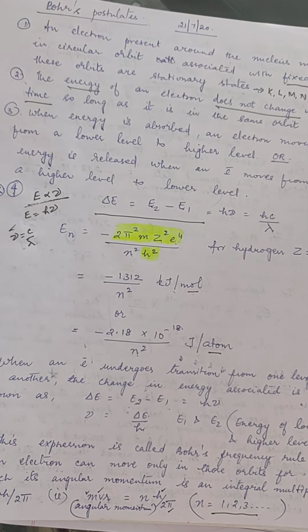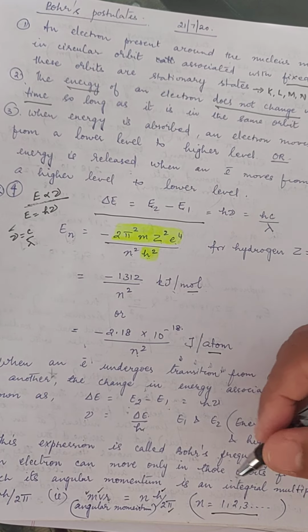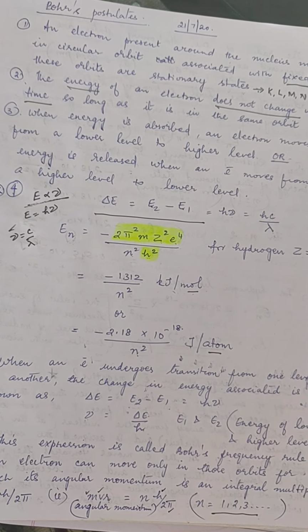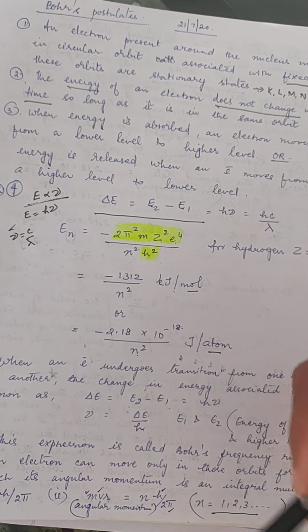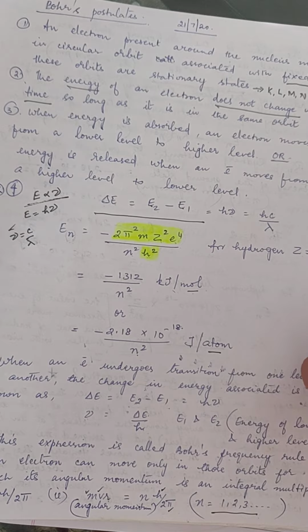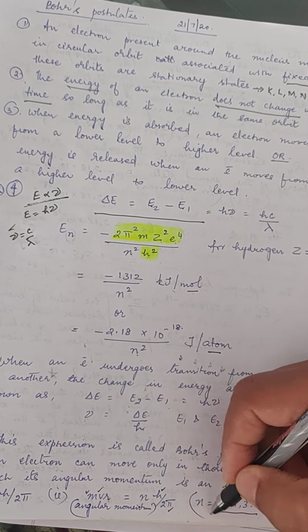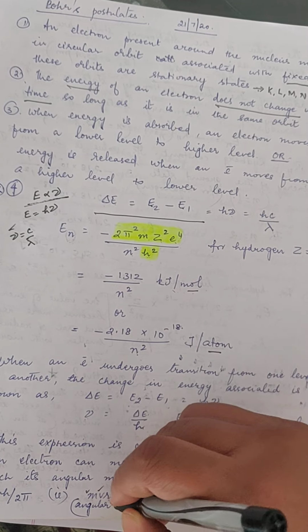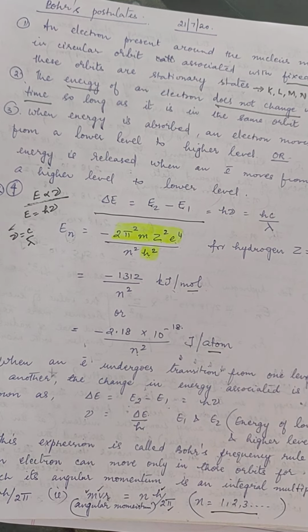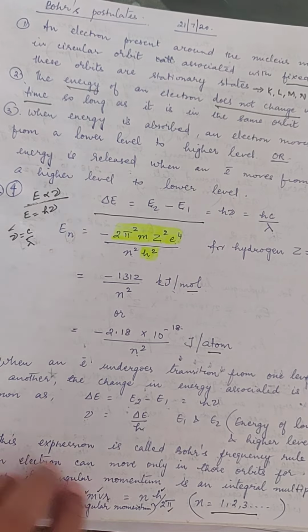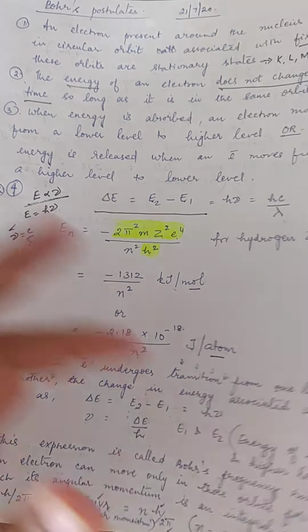So that is the postulate. Electron can move only in those orbits such that n should remain as either 1 or 2 or 3. Corresponding to these values of n, the angular momentum is an integral multiple of h upon 2 pi. The radius will depend upon that. So that is another postulate.